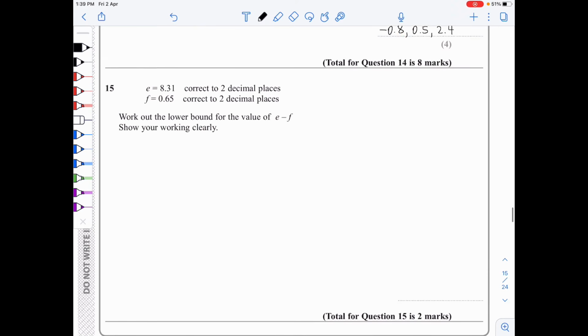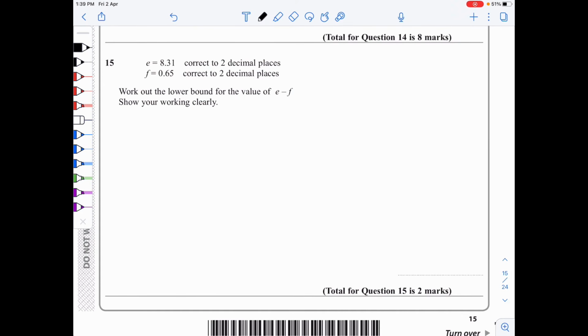Now 15, we've got E and F given to 2 dPs. We need to work out the lower bound for E minus F. Now the E, which is 8.31 to 2 dPs, is between 8.305 and 8.315, whereas F, which is 0.65, is between 0.645 and 0.655.